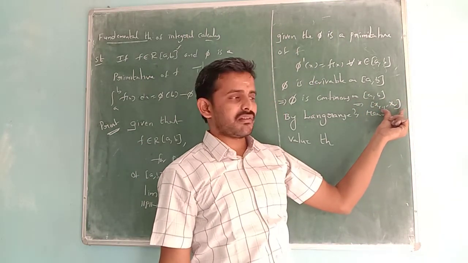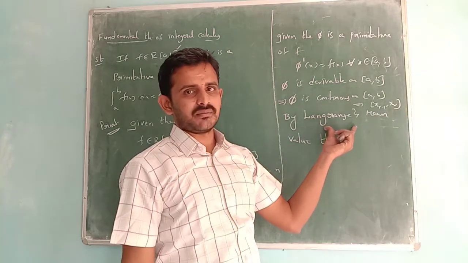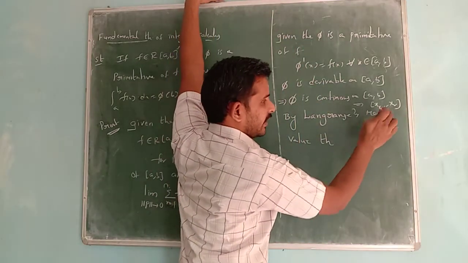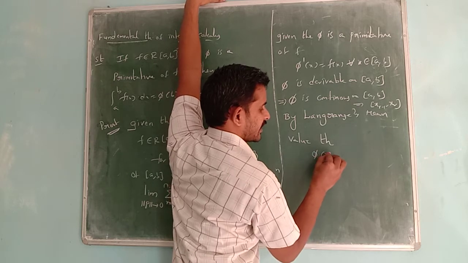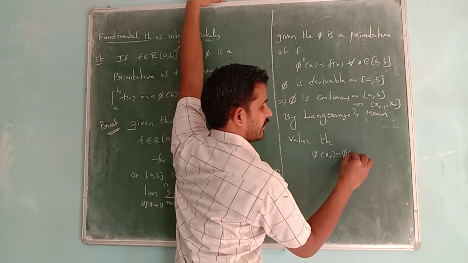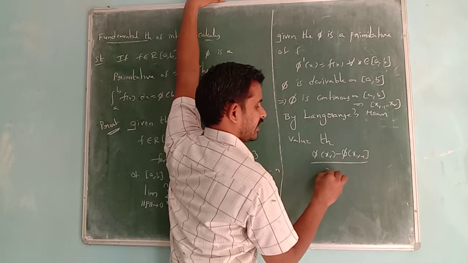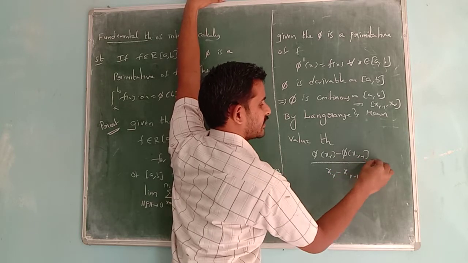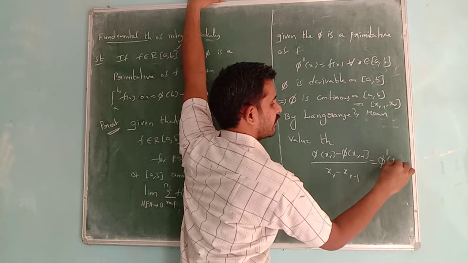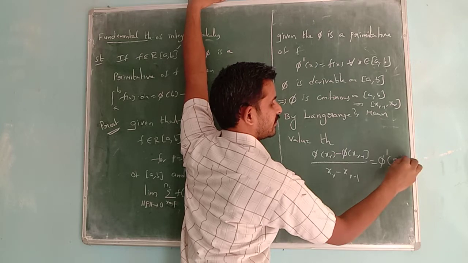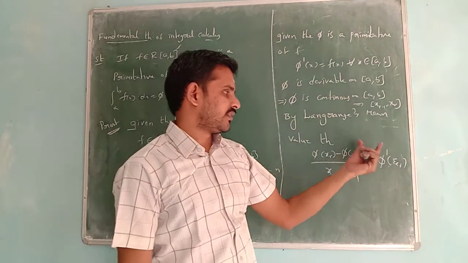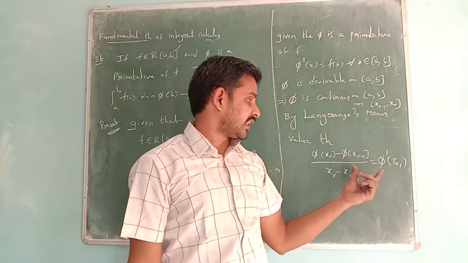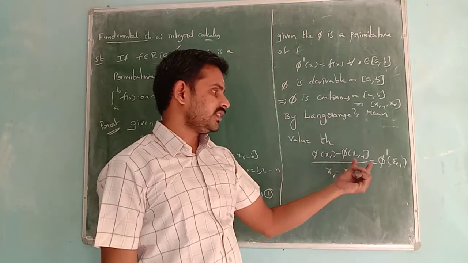For this interval [x_{r-1}, x_r], we have to apply this theorem. So (phi(x_r) minus phi(x_{r-1})) by (x_r minus x_{r-1}) equals phi dash of xi_r. This is the Lagrange's mean value theorem.